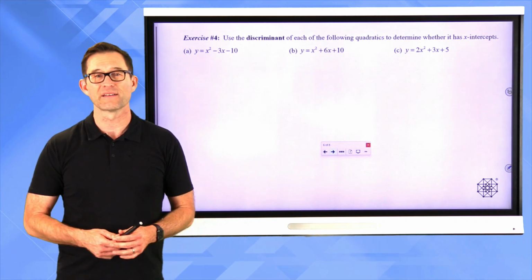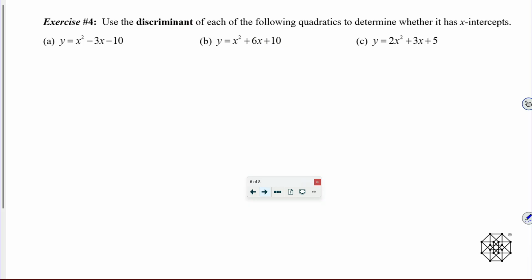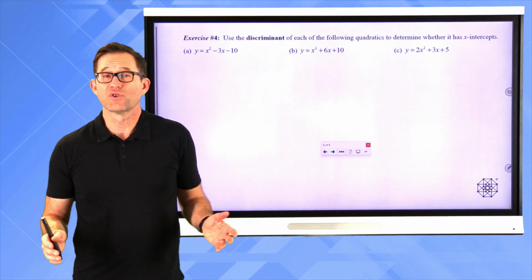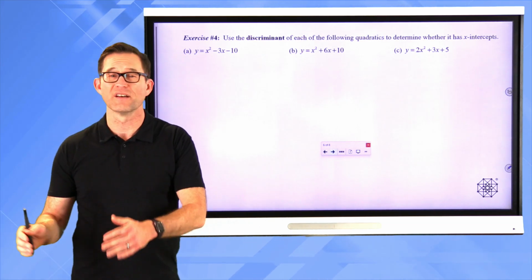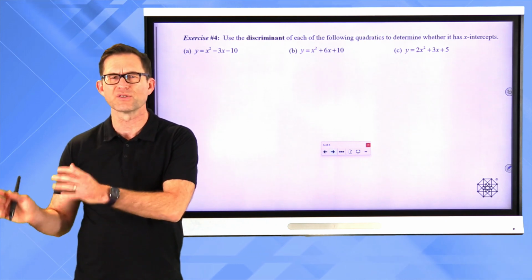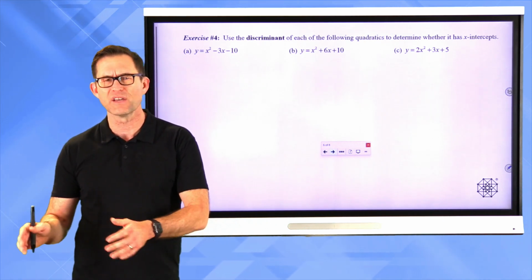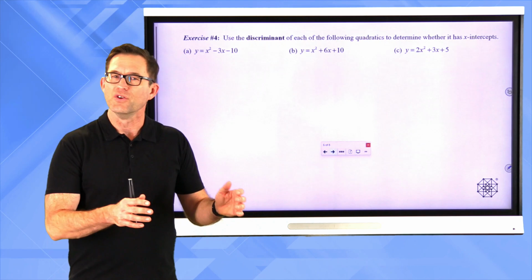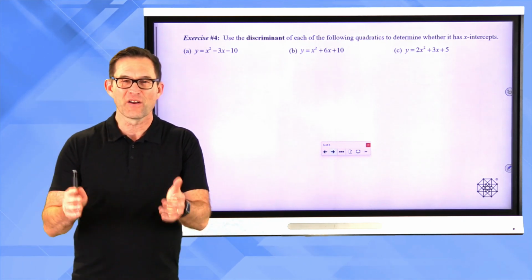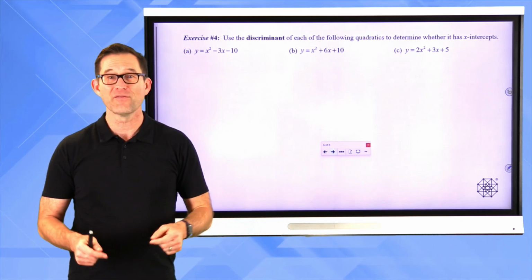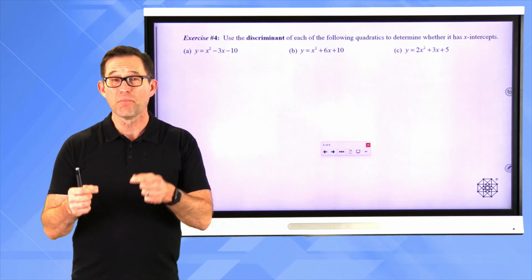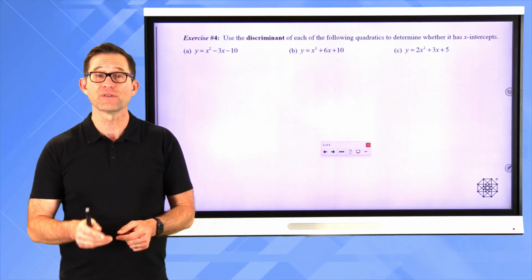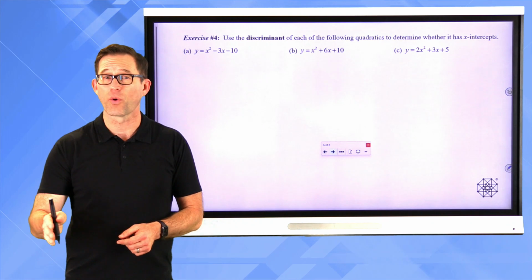So let's take a look at exercise number 4. Use the discriminant of each of the following quadratics to determine whether it has x-intercepts. Now you could totally just go through the entire process: x equals negative b plus or minus the square root of b squared minus 4ac, all divided by 2a. But it's much easier to just use b squared minus 4ac.